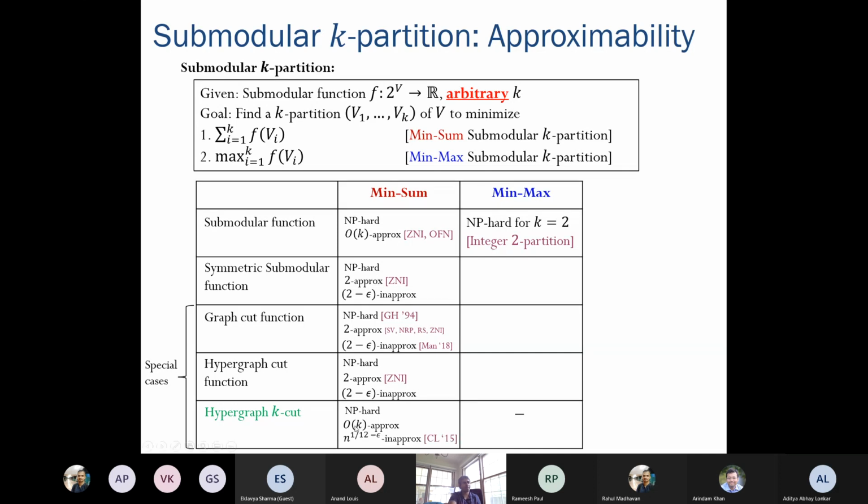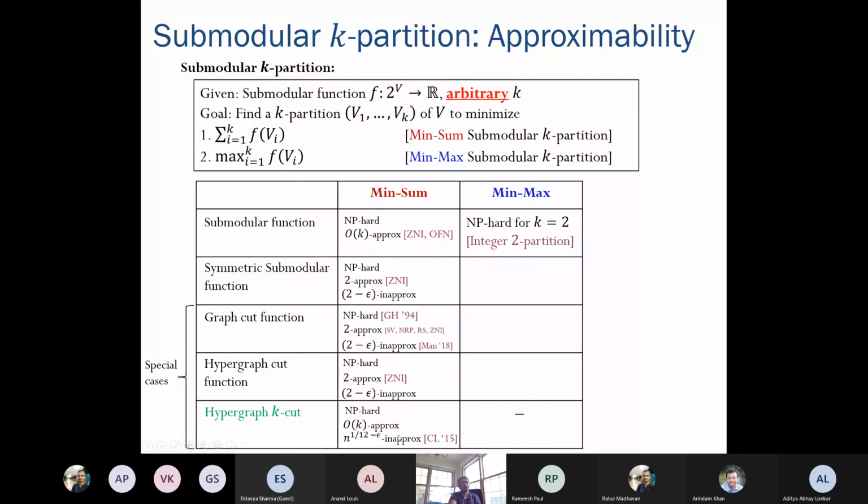And then for hypergraph k-cut, under the densest k-subgraph assumption, you can't get better than an n to the 1 over 12 minus epsilon approximation. This was Chekuri and Li's result.